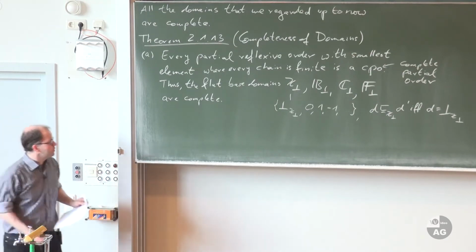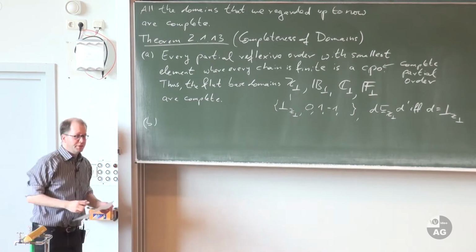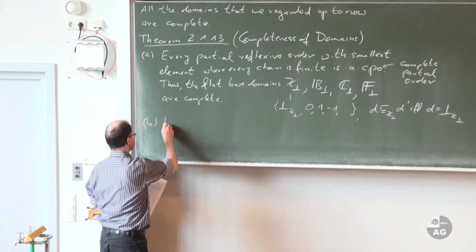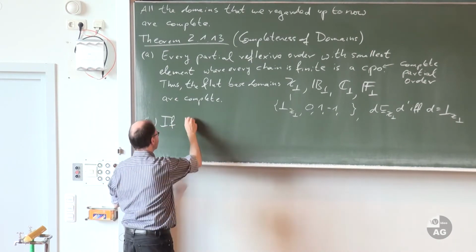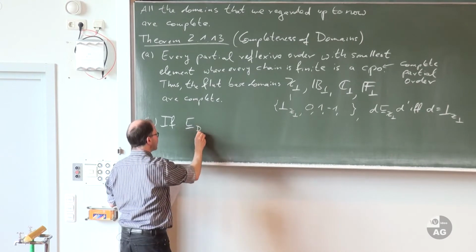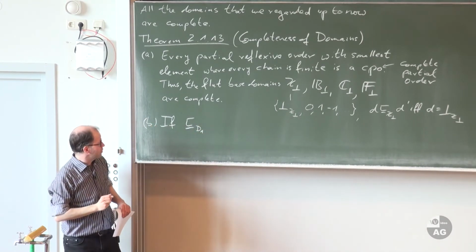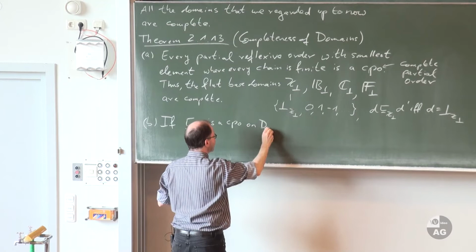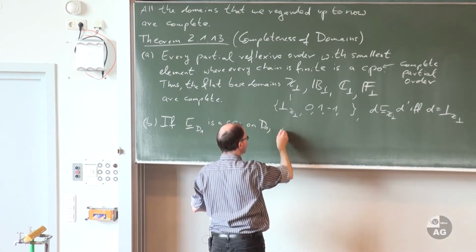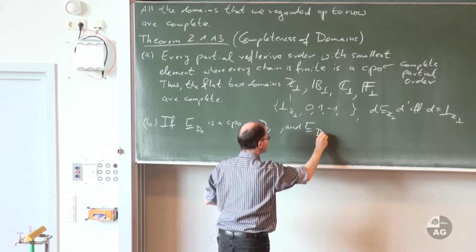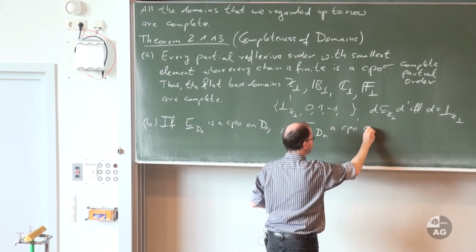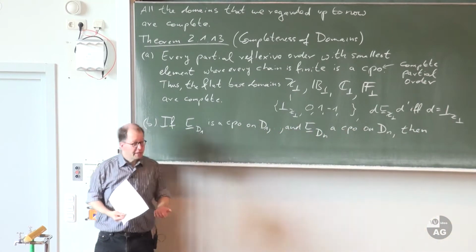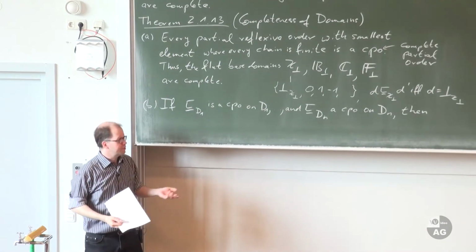Now, what were the domains for tuples? Well, the corresponding Cartesian products. And indeed, here we have completeness as well. So if this is a complete partial order on D1, and so on, and this is a complete partial order on Dn, then the less defined or equal relation on the Cartesian product is also complete.